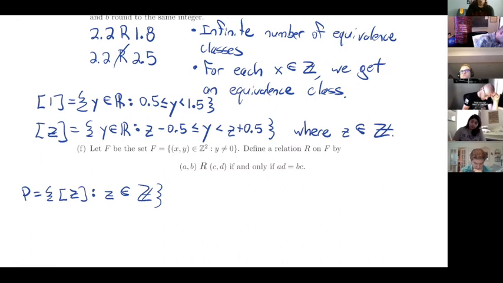And so this is no different than the set of integers themselves. So basically what we're doing is taking any real number and matching it to exactly one integer, no more, no less. That's why we get a nice partition.